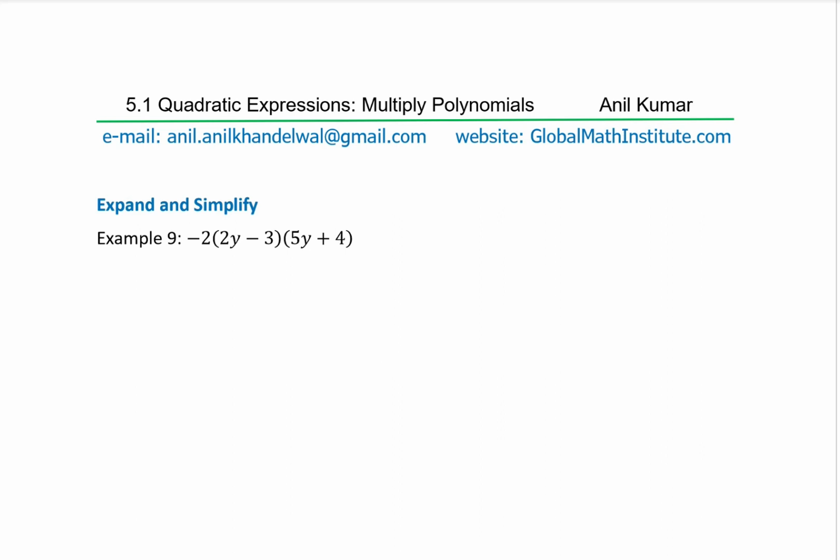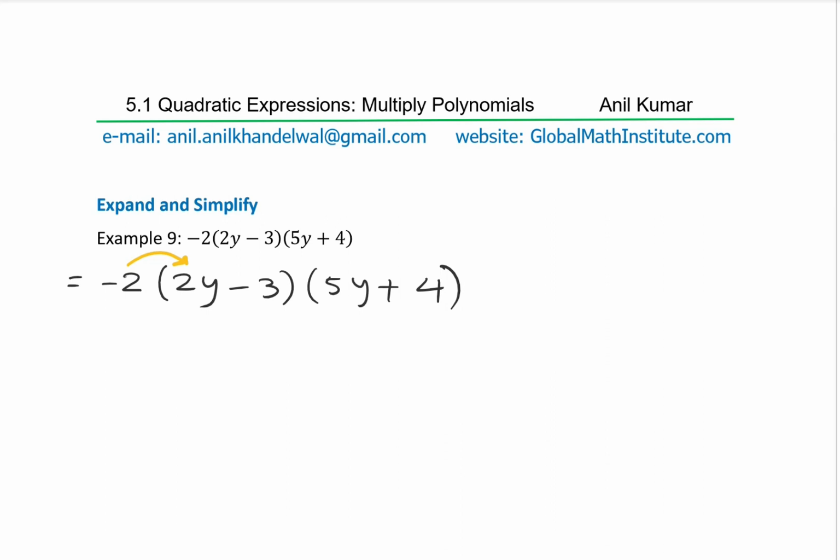This time we are going to multiply 3 terms. Now many times the question is, when we have something like minus 2 times 2y minus 3 times 5y plus 4, what should we do first? Should we multiply first by 2 or later? That is a big question.